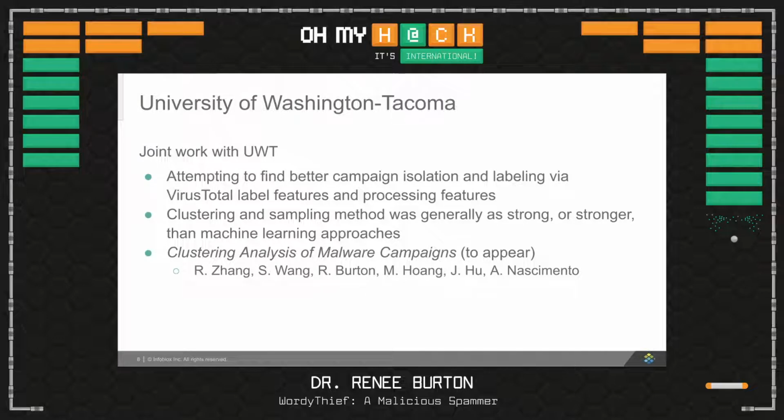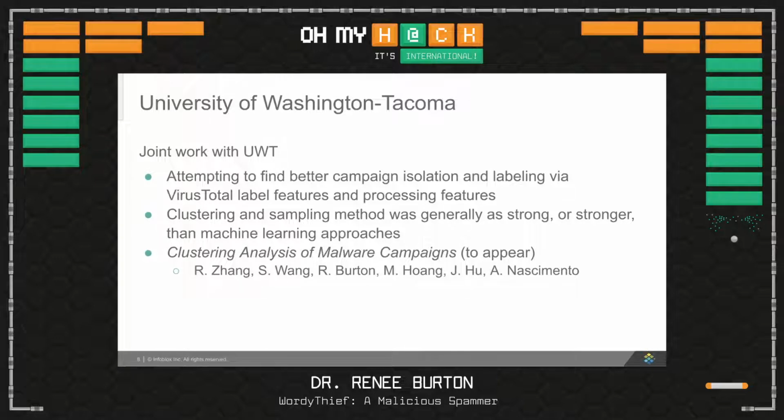In the end, overall, this method was generally stronger than the machine learning approaches. We're still hopeful that we'll be able to find other approaches, at least ones to augment this. But for right now, this works really well.